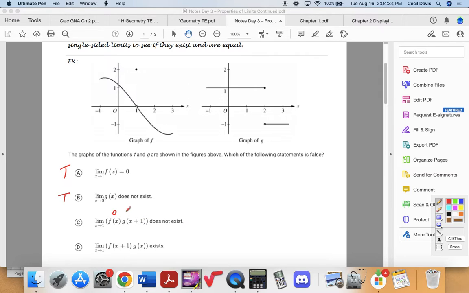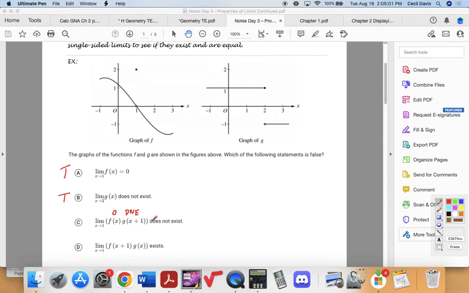It doesn't exist. Is 0 times doesn't exist? Remember that the theorem we had said if those limits exist, we can multiply them together. It didn't say what happens when they don't exist. We're going to come back to this part.